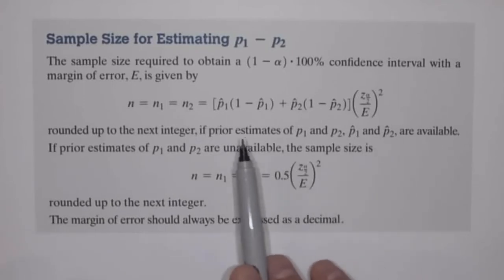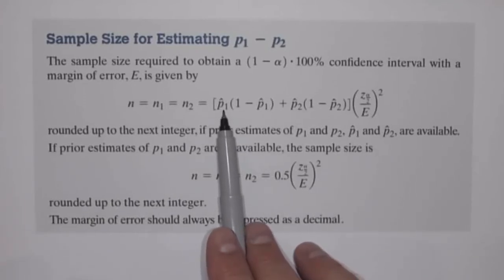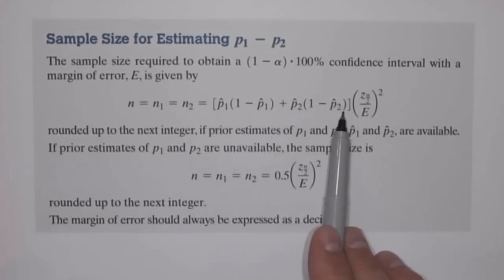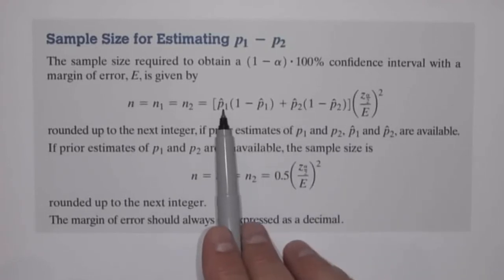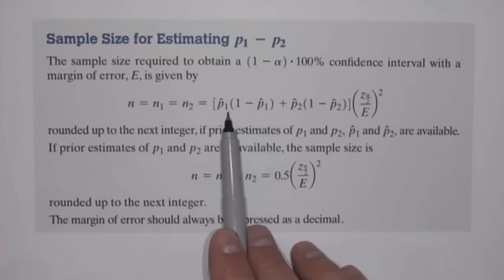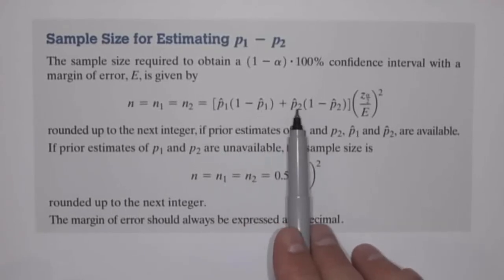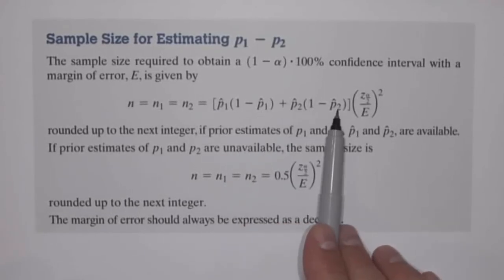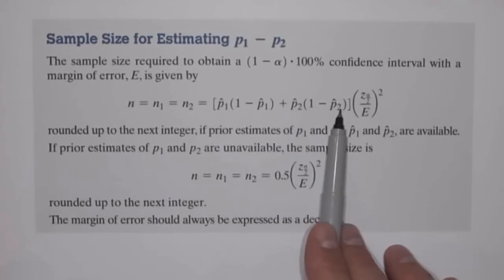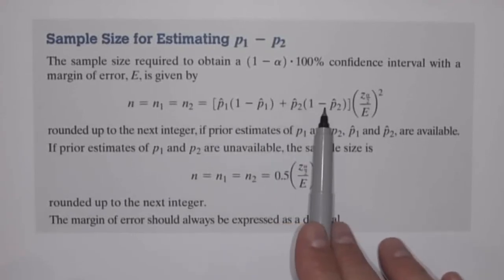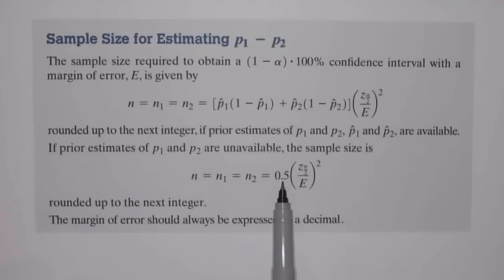Now, why 0.5? Well, if we don't have a preliminary estimate, then we're going to use 0.5 here, here, here, and here. And if I substitute 0.5 here, then I would have 0.5 times 1 minus 0.5, and that would be 0.25. 0.5 times 1 minus 0.5, which would also be 0.25. And 0.25 plus 0.25 gives us 0.5.